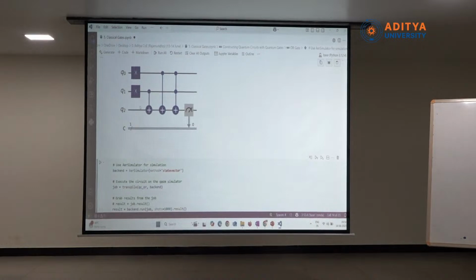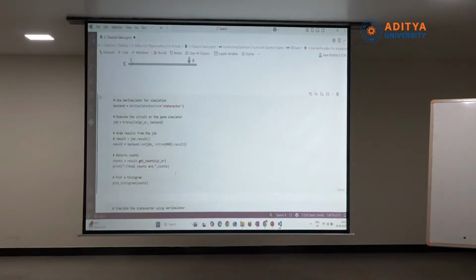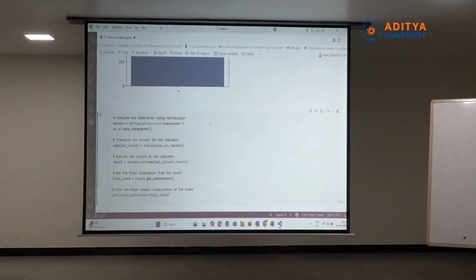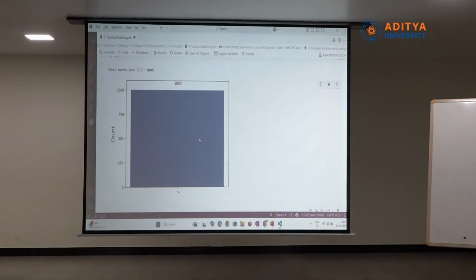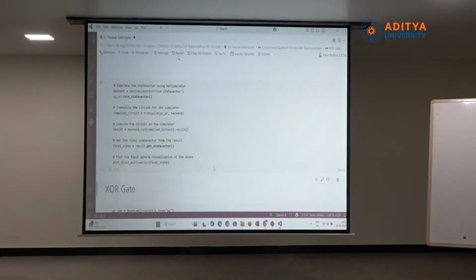This part of the circuit we discussed, but on the left side, the two NOT gates represent the input settings. So we know that based on the 1 1 input, the output of the OR gate should be 1. Let's check it here: the output of the target is 1 now. The same can be visualized using a Bloch sphere.